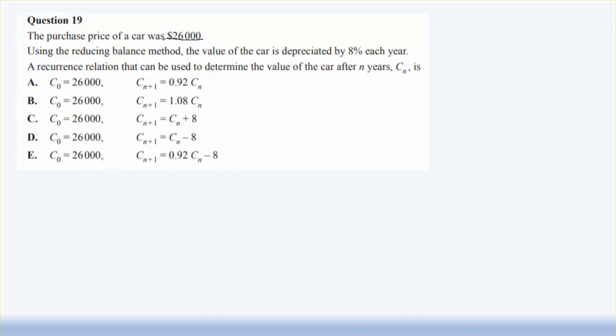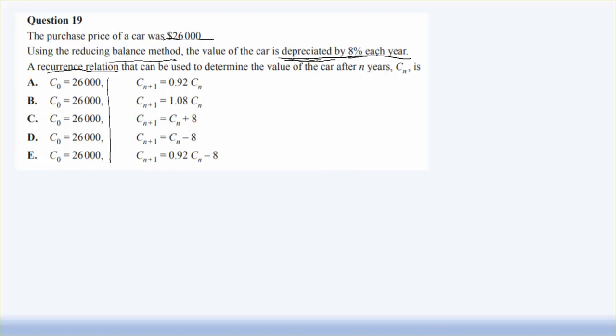The purchase price of a car was 26,000. Using the reducing balance method, the value of the car depreciated by 8% each year. Which recurrence relation can be used to determine the value of the car after n years? So the initial is 26,000, so C0 is 26,000, and they all have that, so that doesn't knock any out. Depreciated, so gone down by 8%.